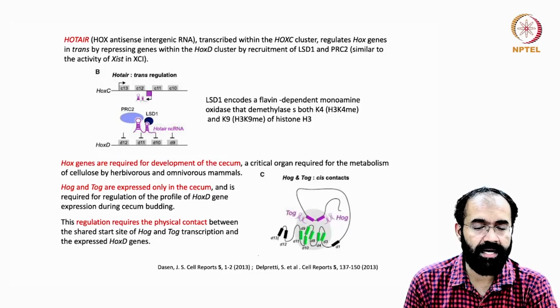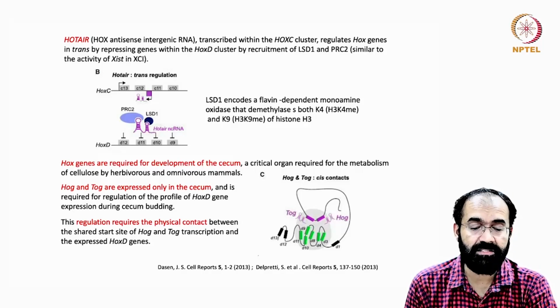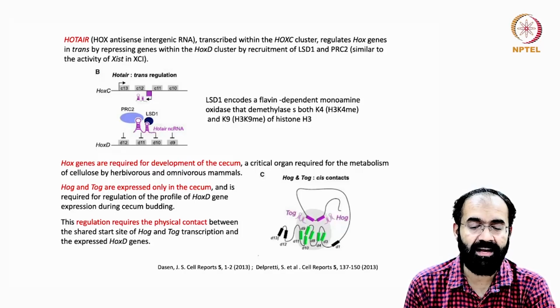This regulation requires the physical contact between the shared start site of HOG and TOG transcription and the expressed HOXD genes. They have a common initiation of transcription, so they have a common area, like you can see here.